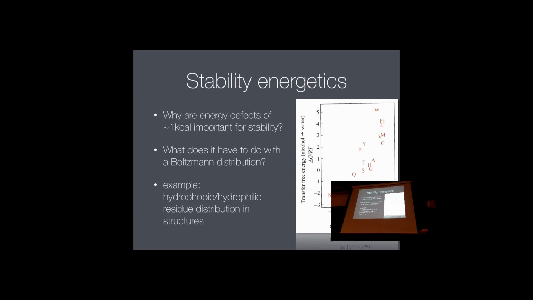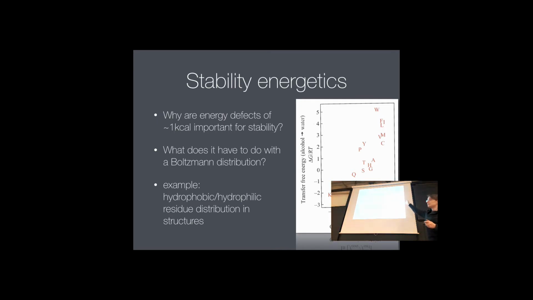And there's a correlation, and of course it makes sense because for globular proteins we want to embed hydrophobic residues and have hydrophilic residues around them. And you can see these are all the amino acid single letter codes. And you can see that there's an almost linear relationship on this log scale, right? So if that's a log scale, this means that there's an exponential relationship, again, between occurrence and transfer free energy.